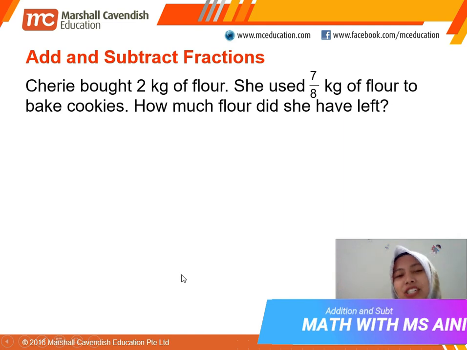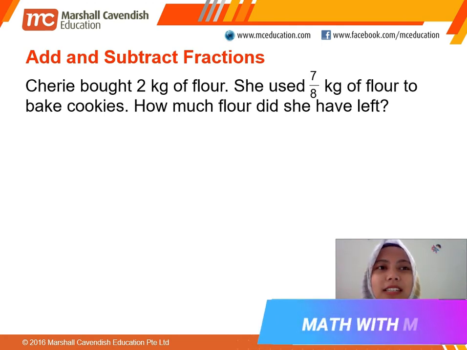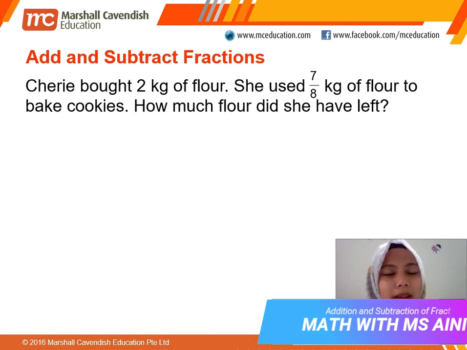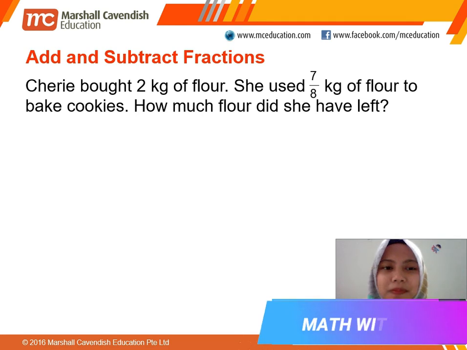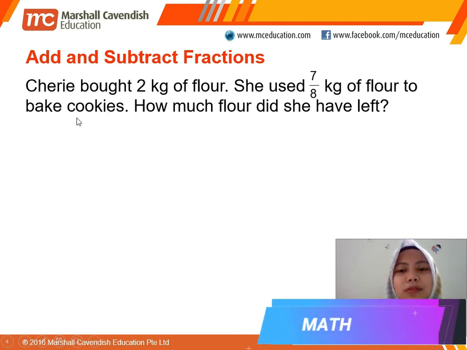Actually, subtraction is almost the same as addition, and the principle is always the same. Make the denominators the same, and then you can add or subtract. That's the point. And then for example, Cherry bought 2 kilograms of flour. She used 7 over 8 kilogram of flour to bake cookies.